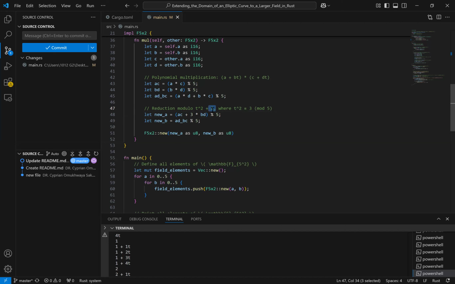So it will equate this polynomial to 0 and then make t squared the subject of the formula. So wherever t squared appears in the computations, it will understand that t squared is -2.